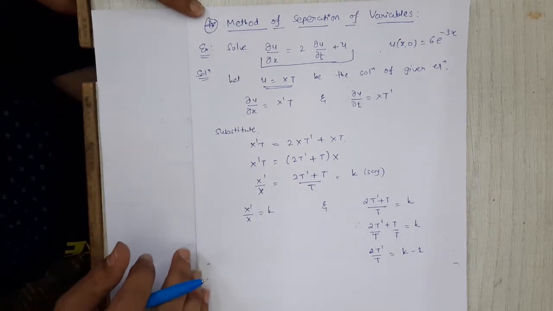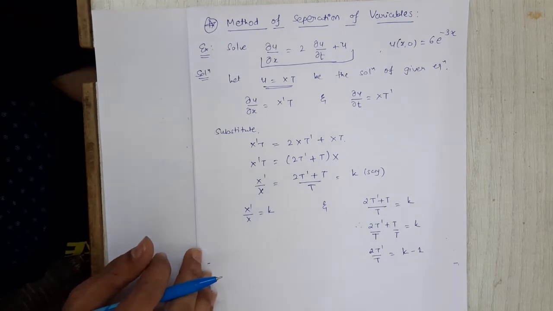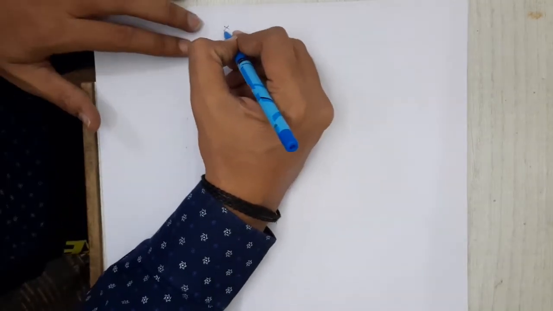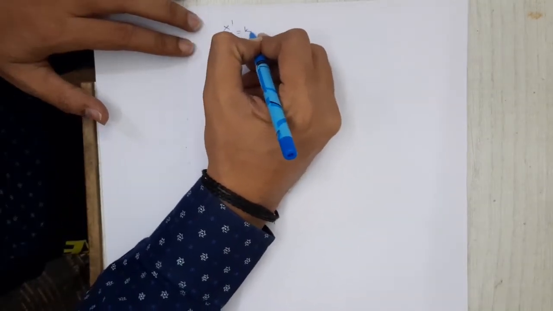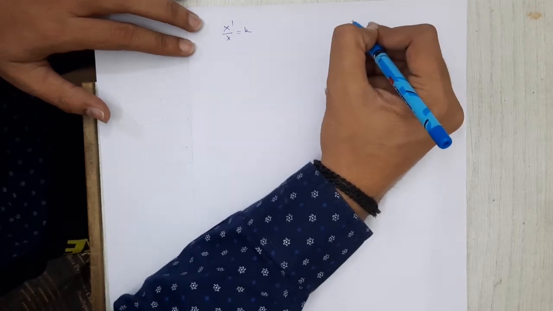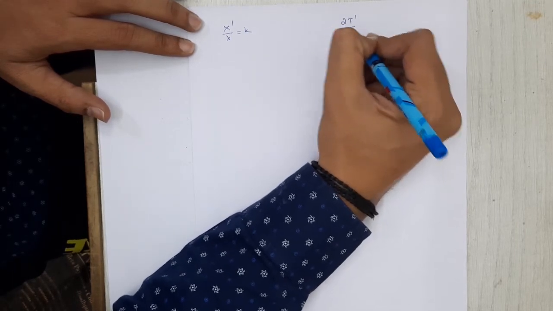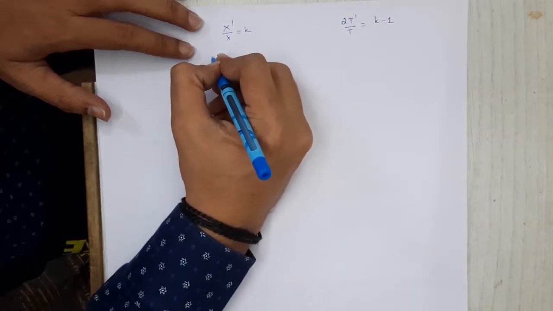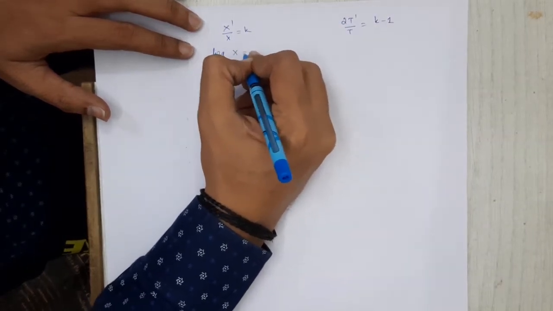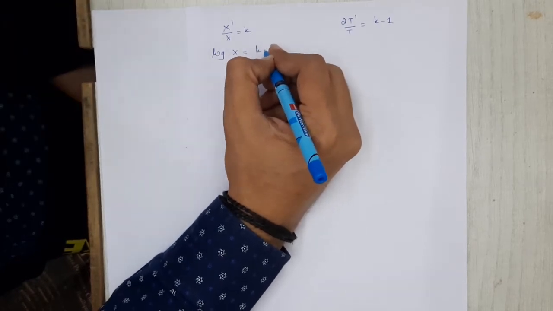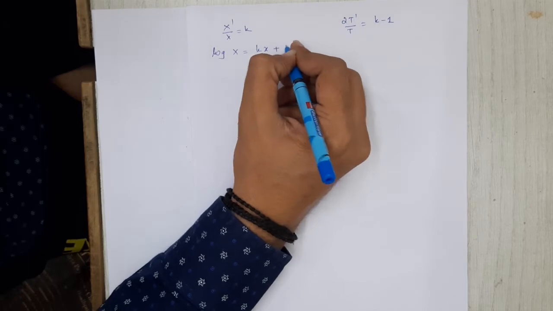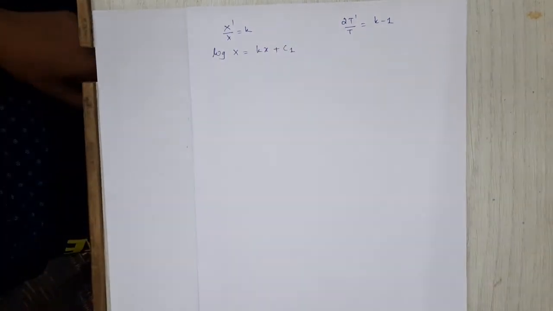Now let us integrate these and check what we get. First equation, let me write again, X' upon X is equal to k, and the other equation was 2T' upon T is equal to k minus 1. By integrating we get log X is equal to kx plus c1.